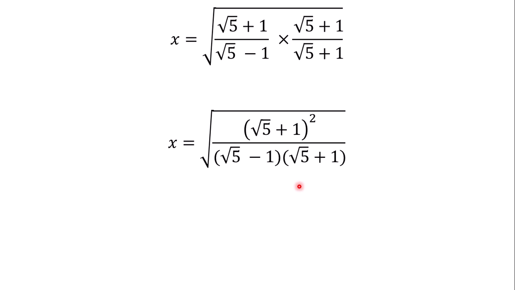So 5 plus root 5 minus root 5. You see, the root 5 plus root 5 minus root 5 will go away, and we are left with 1 times 1, which gives us minus 1. So actually, when we expand this bracket, we are going to get 5 minus what? 1. 5 minus 1. Okay?